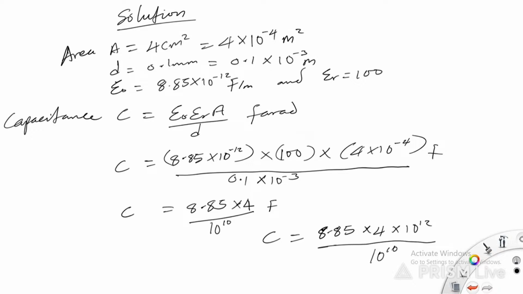If you agree with me, you can continue with me, but if you don't agree, you can verify what I'm doing. Now C final answer will be 354 picofarads. We have now solved for A. So let's solve for B and C.